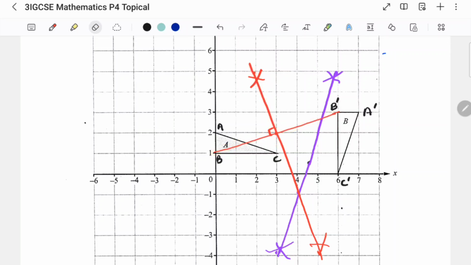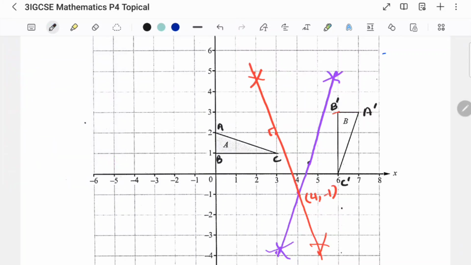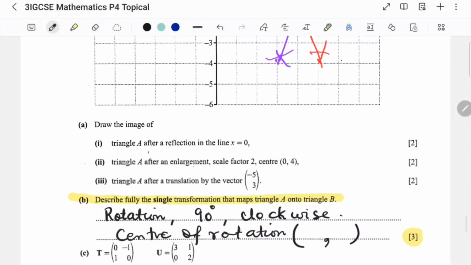So I erase C to C prime and B to B prime. Okay, so I can see the two perpendicular bisectors are meeting at 4 and -1. So it means (4, -1) is the center of rotation in this question.